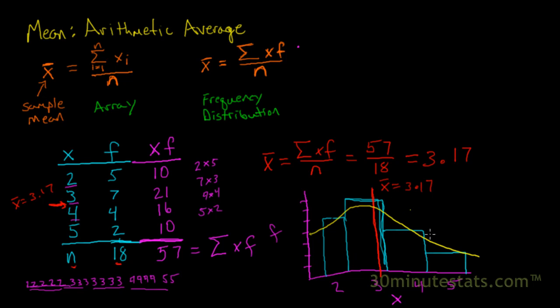And so this is one way that you could visualize the average on a histogram. And this is an example of calculating an average for a frequency distribution table, where we multiply x times f first, the value of our variable times the frequency, sum up those products, and then divide by n.